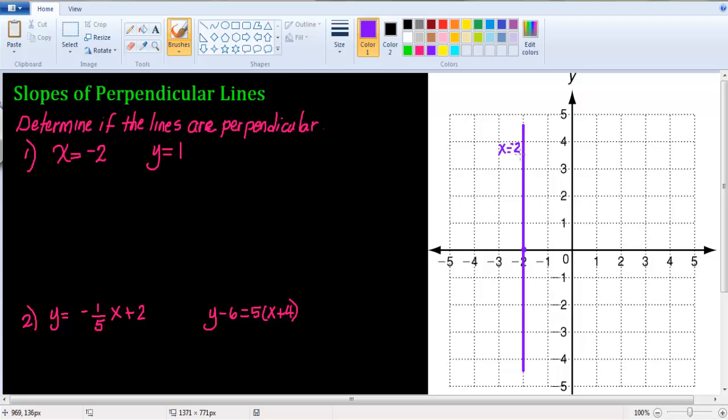Y equal to 1 is right here. It is a horizontal line. When you have x equal to -2, vertical line. Y equal to 1 is a horizontal line and it passes through this point. Let's make it another color.